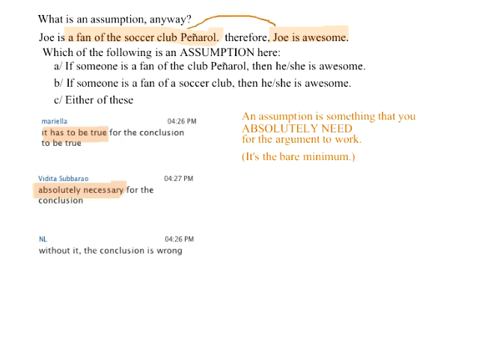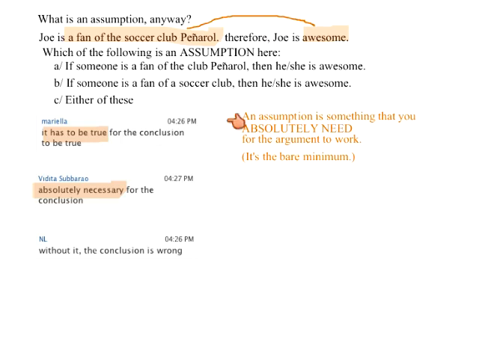There has to be a link between this and this. On the other hand, and I didn't mean to highlight the idea of Joe, there needs to be a link between being a fan of this team and being awesome. I personally agree, but we need to have a link there.